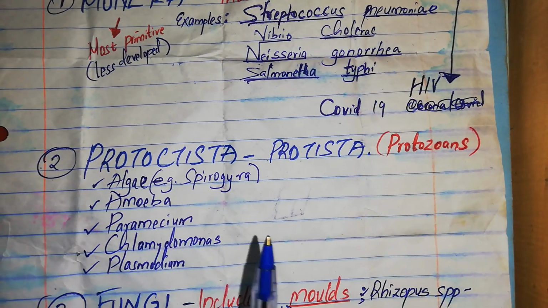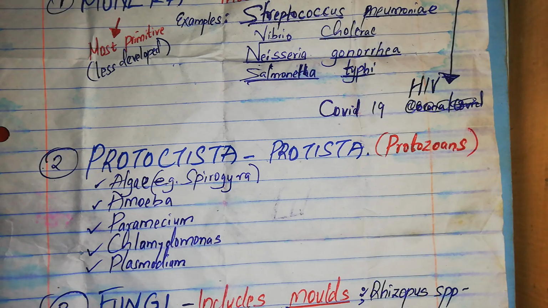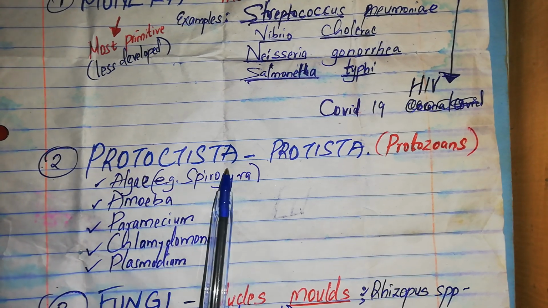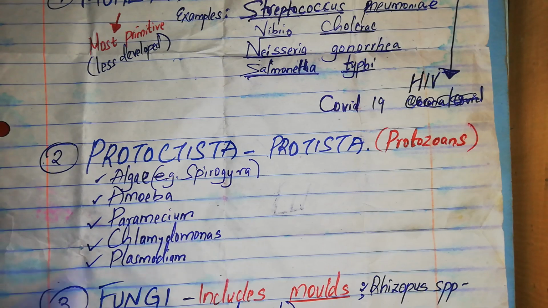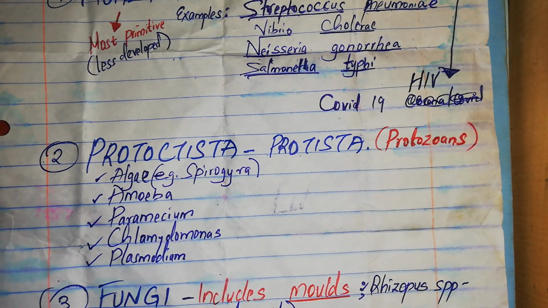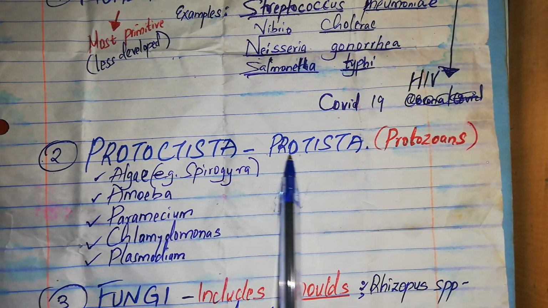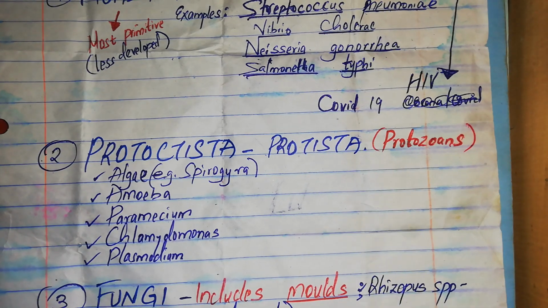Another kingdom, number 2, we are now going upwards. We are moving to a better one in terms of development, and which is less primitive. We call it Protoctista. Most marking schemes in KCSE allow us to use Protista. These are protozoans, and we have a range of them, so many of them.